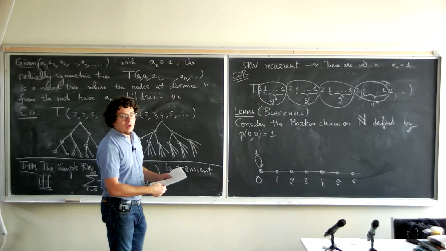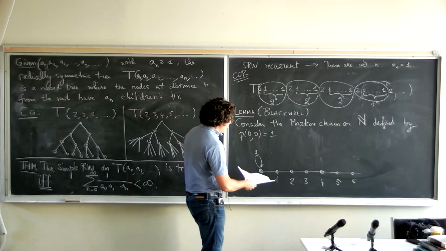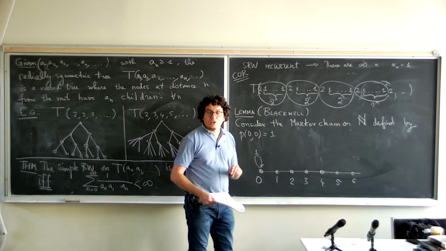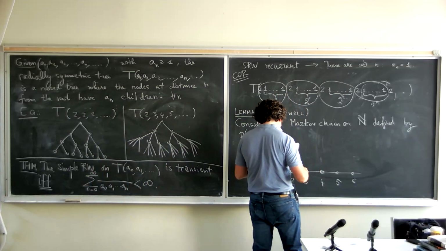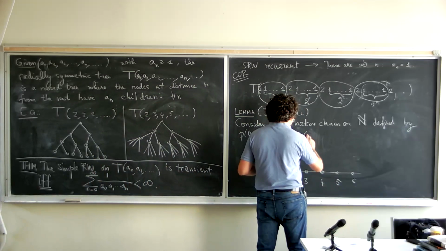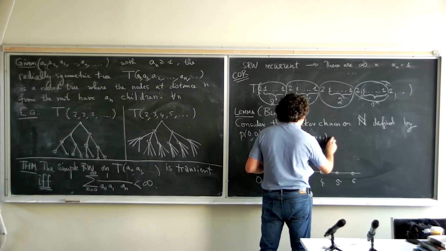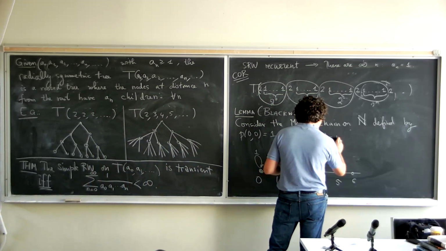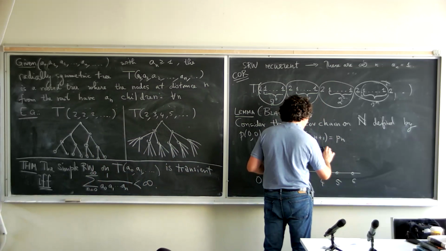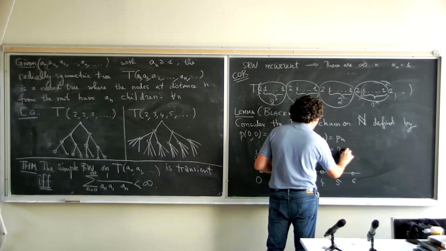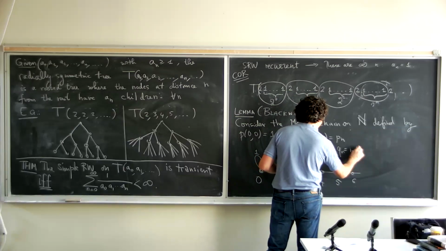And then you have a probability of moving from one state to another state, right? And so we define it like this. The probability of going from n to n plus 1, we call it Pn. And the probability of going from n to n minus 1, we call it Qn, which is 1 minus Pn.